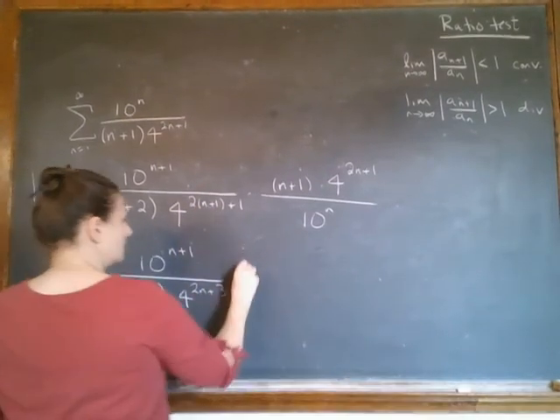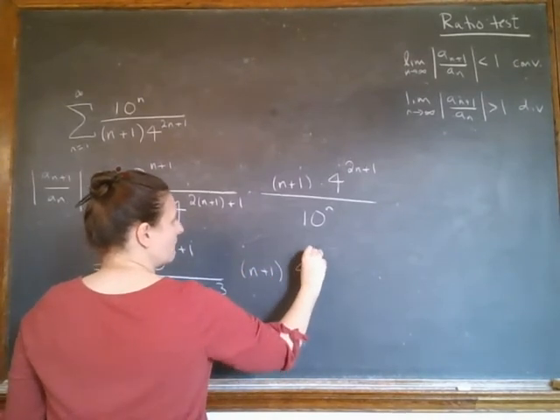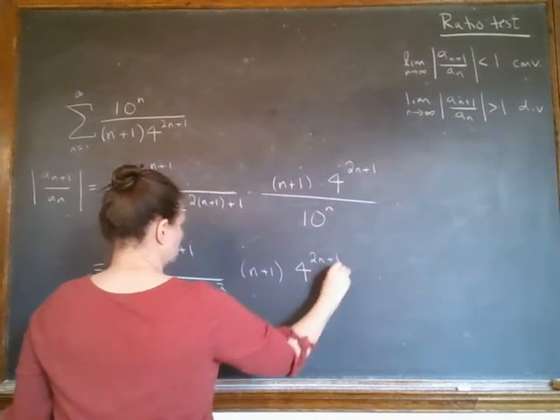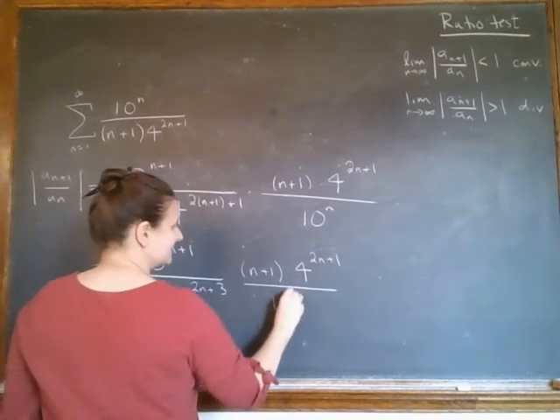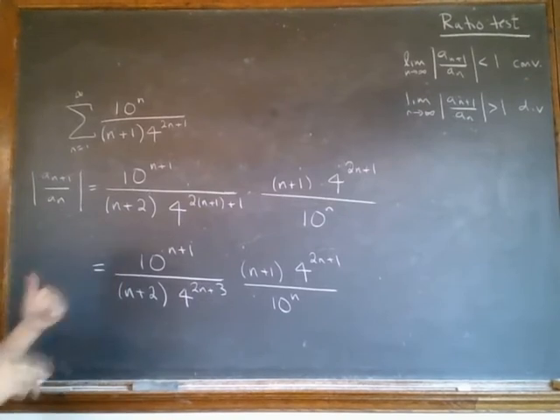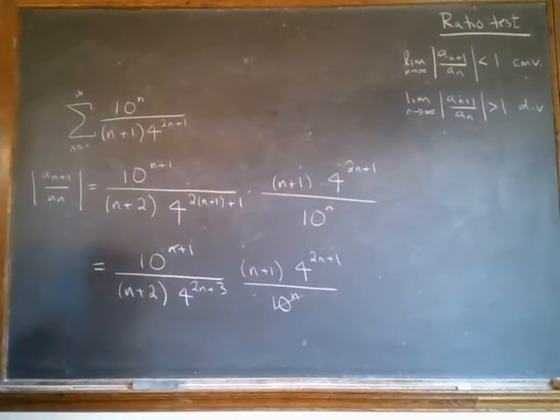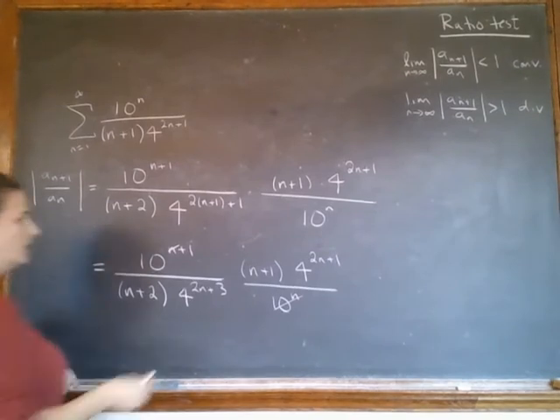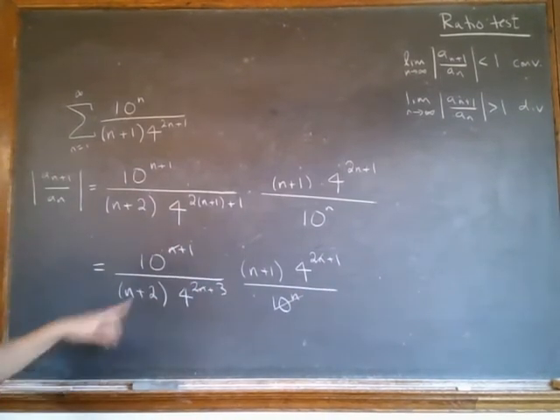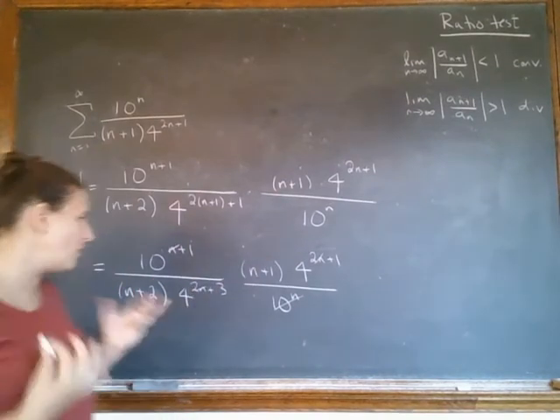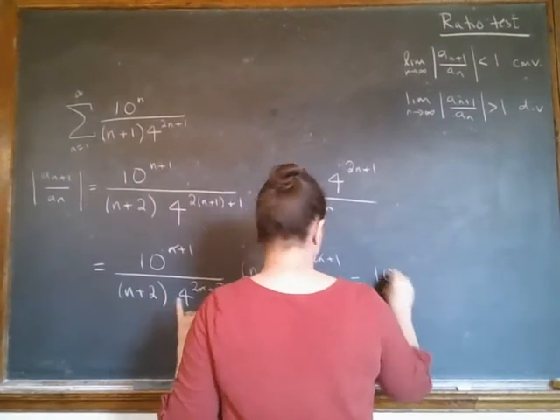And over here, I've got n plus 1, and I've got 4 to the 2n plus 1, and then I've got 10 to the n. So now, what cancels out? This 10 to the n cancels that n, so I have 10 to the 1. This 2n cancels that 2n, so technically I've got 4 cubed and 4 to 1. I'll just leave it that way. Okay? So here I've got 10.